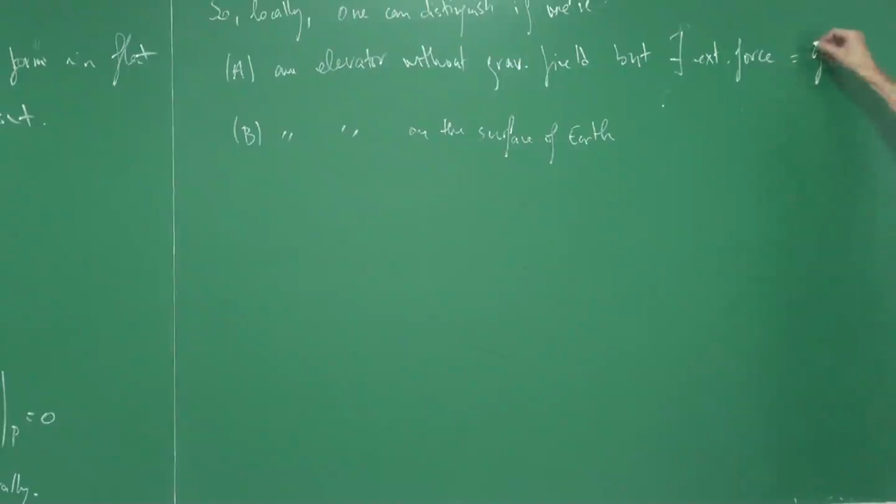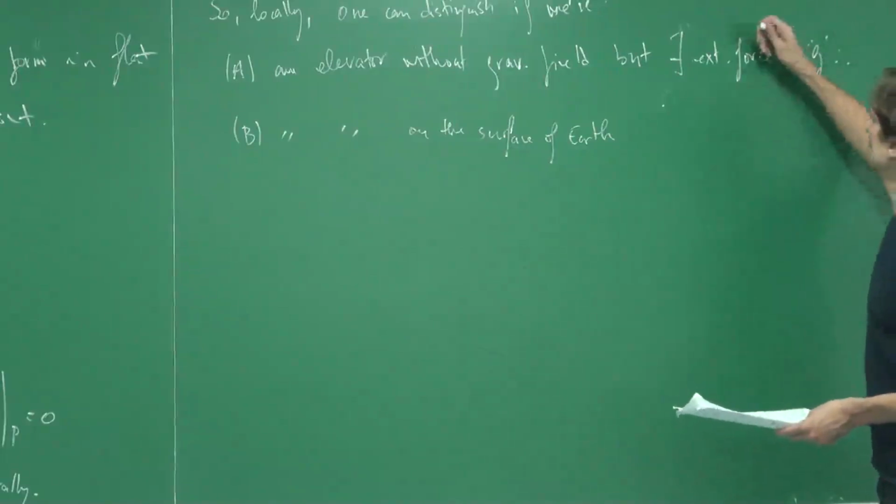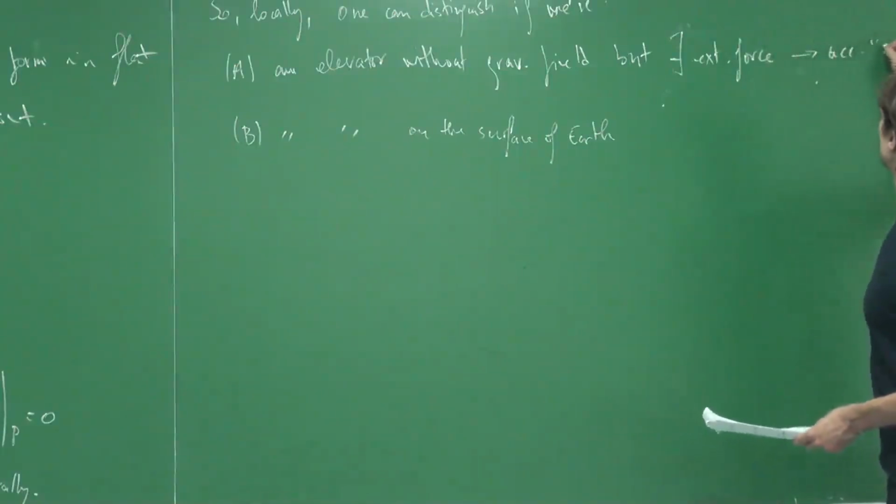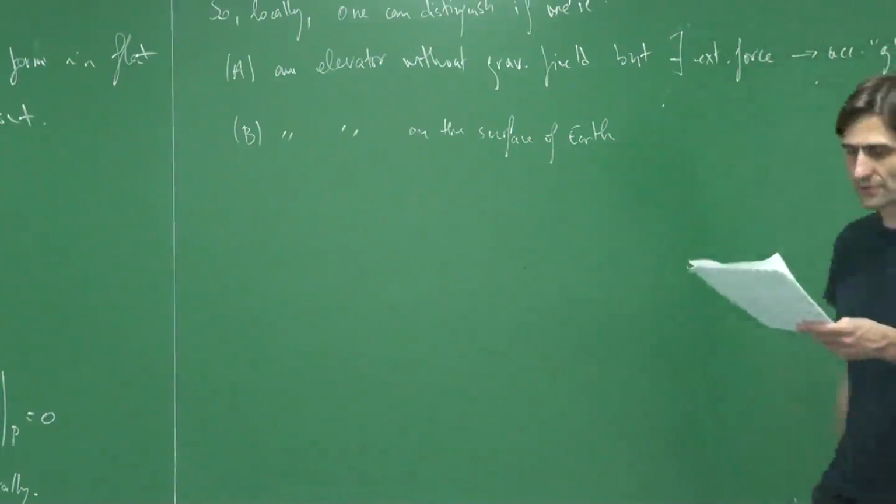G here is the gravitational field of Earth. It's not the metric here. Acceleration g, Earth's acceleration.